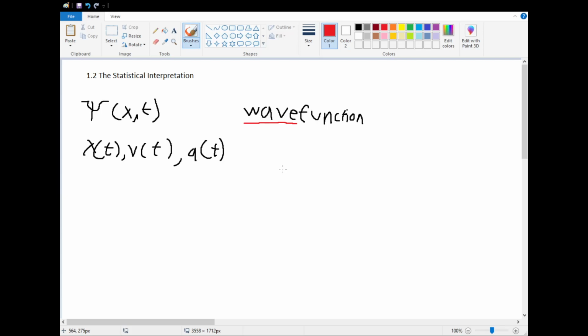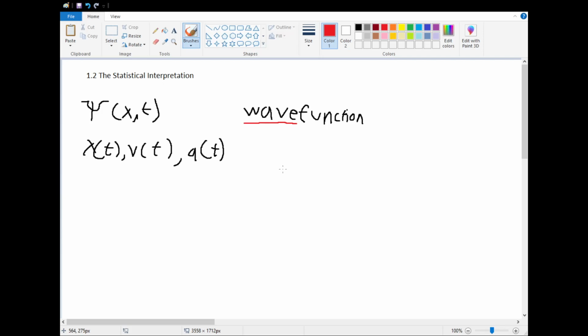So the very fact that it is called this implies that our function, our quantity psi, is somehow related to a wave. Now, waves are not localized in space. They do not have a position. It makes no sense to say that a wave is located at some point in space x, y, and z. Instead, waves spread out throughout space, and what we say is a wave saturates a given area.